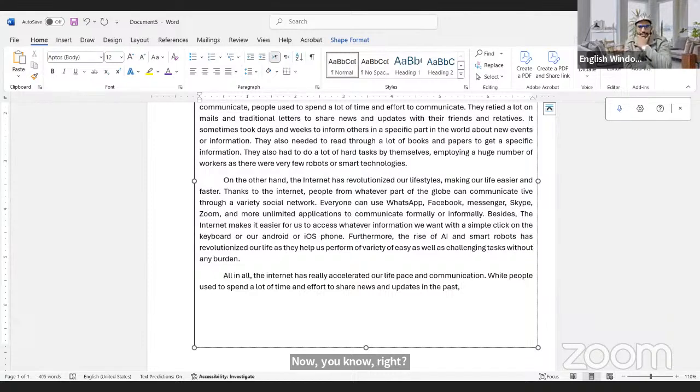To spend a lot of time and effort to stay updated, or to share news and updates in the past.